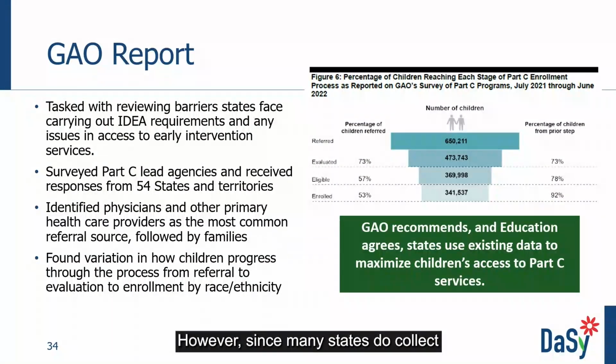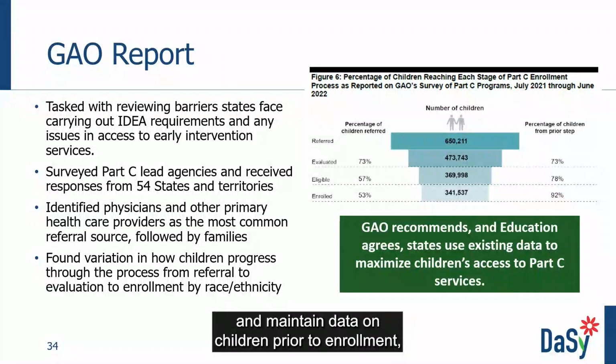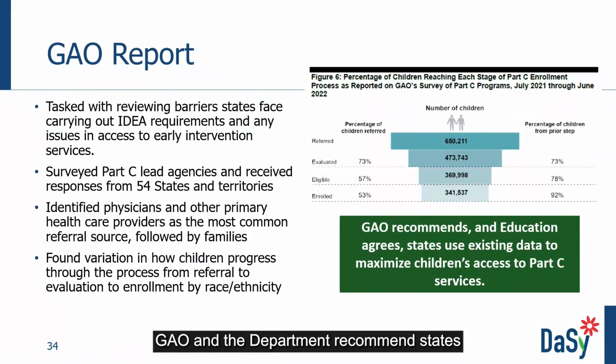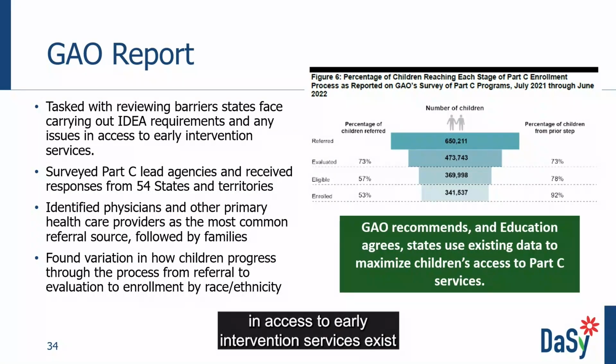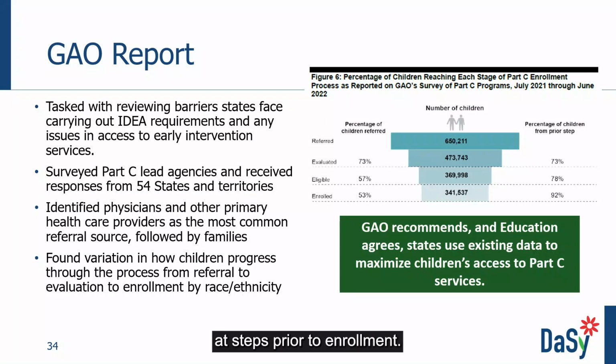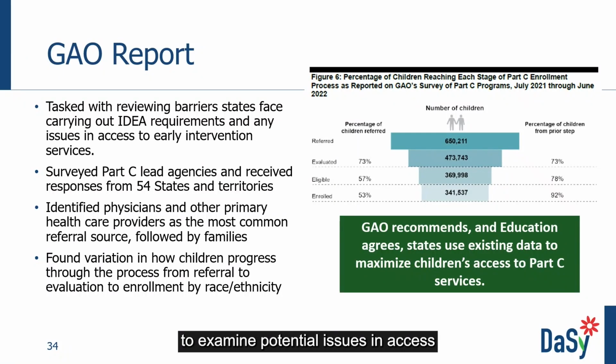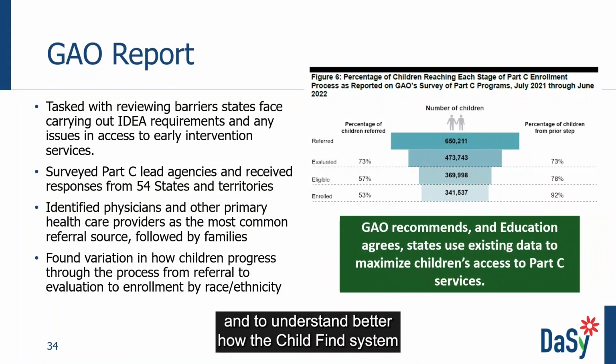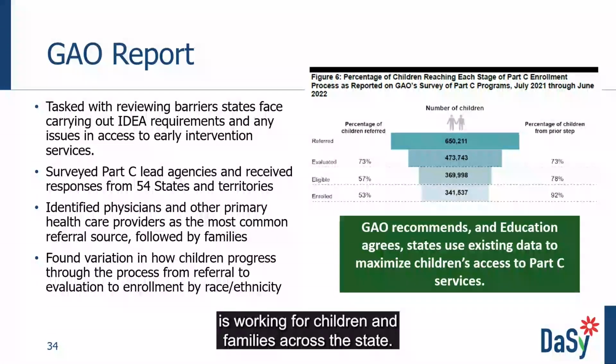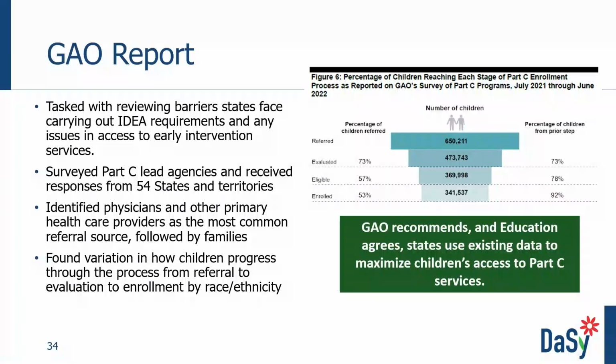However, since many states do collect and maintain data on children prior to enrollment, GAO and the department recommend states use the data they already have to examine whether disparities in access to early intervention services exist at steps prior to enrollment. There are numerous ways in which states can disaggregate their data to examine potential issues in access and to understand better how the child find system is working for children and families across the state.